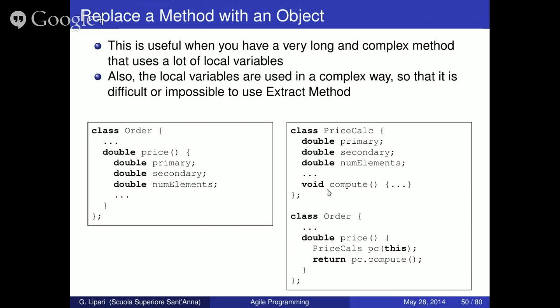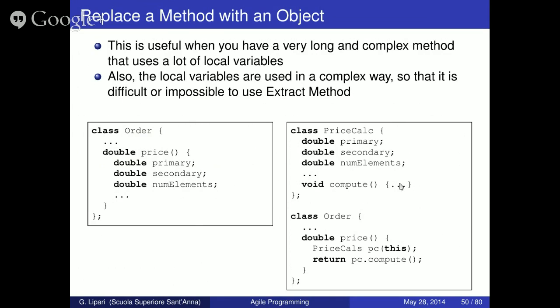And then it has one method that is called compute, which basically contains all the code in price. Now, in class order, method price now first creates price calc PC this, and then returns PC compute. So you moved this price method inside compute. All the local variables became data variables there, and whenever you want to compute this price, you actually delegate the computation to this compute here.